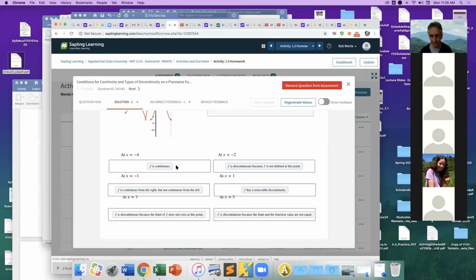I have a question. Good. On one of my Sapling homework problems, it won't let me submit. When you click the check answers button, it comes up with a little thing that says you need to reload your page. Is it chapter 1? No, it was chapter 2.1, question 3.